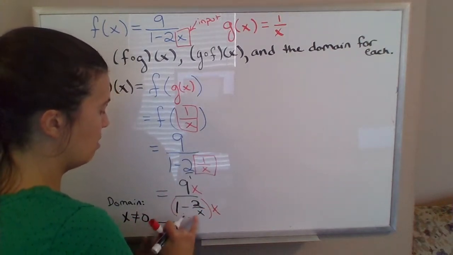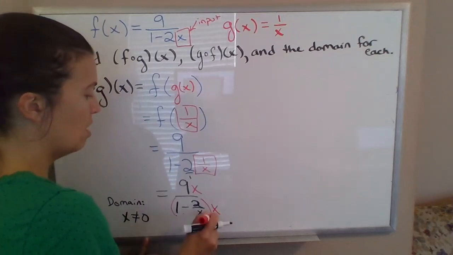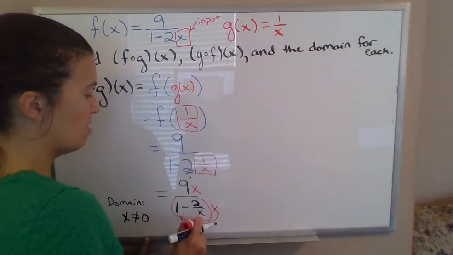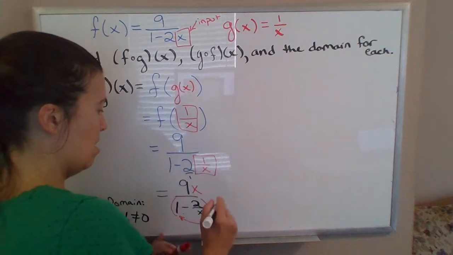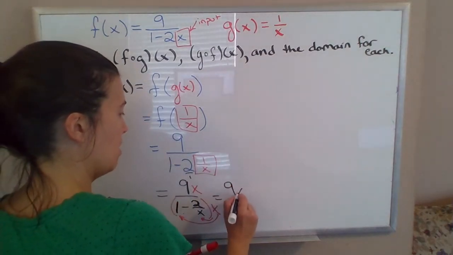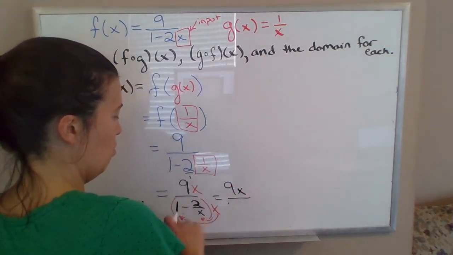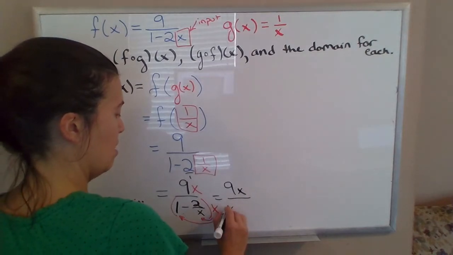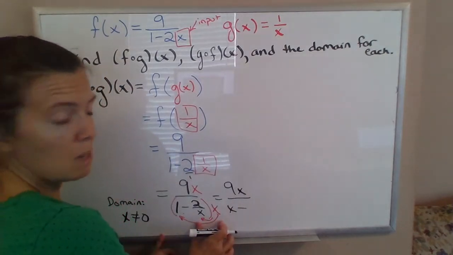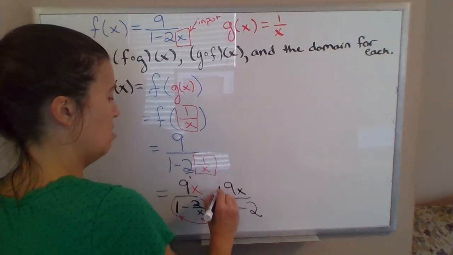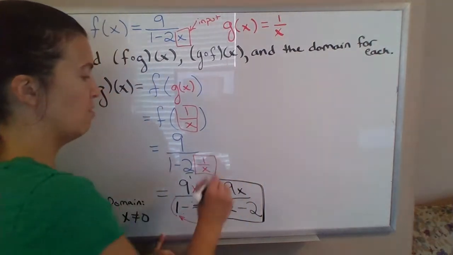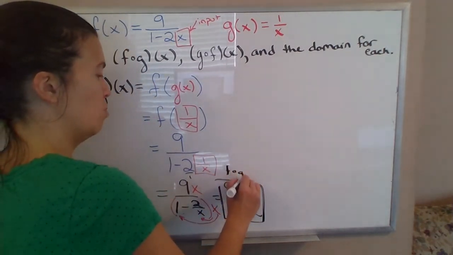If you distribute the x in the denominator, this becomes 9x over 1 times x, so that's x, minus 2 over x times x, so that's just 2. And here's your simplified composite function. So this is f composed with g of x.